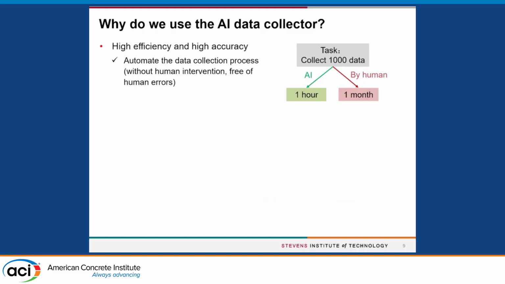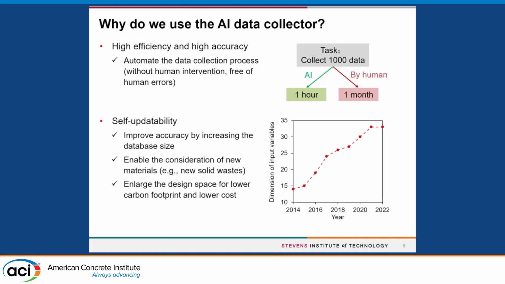The benefit of the data collector is that it can automate the data collection process with high efficiency and high accuracy. Before we had that, we had our students collect 1,000 data manually, and it took them 1 month. But with this method, we just need 1 hour to collect 1,000 data. So it saves us a lot of time.